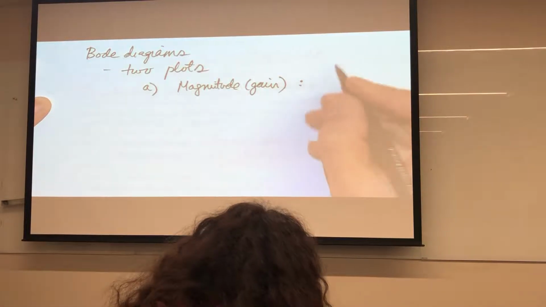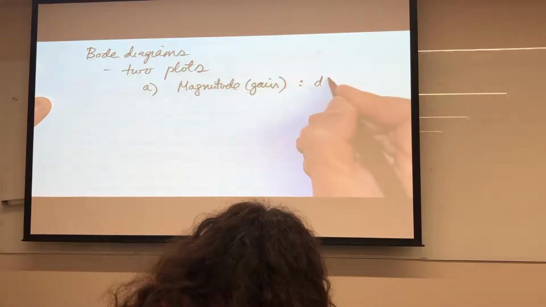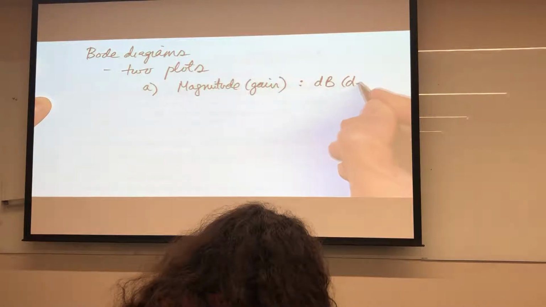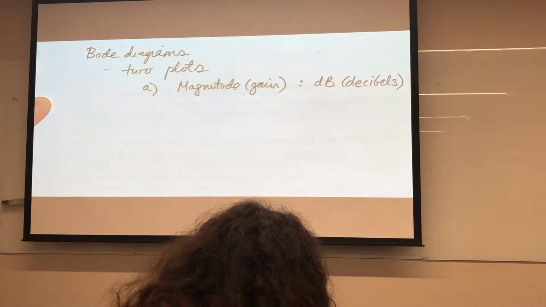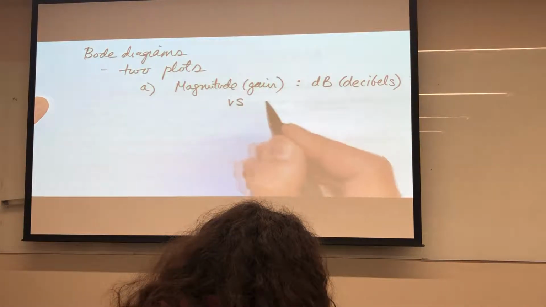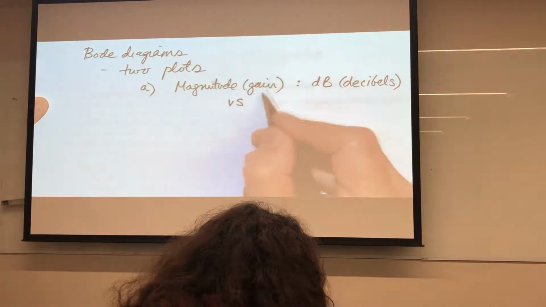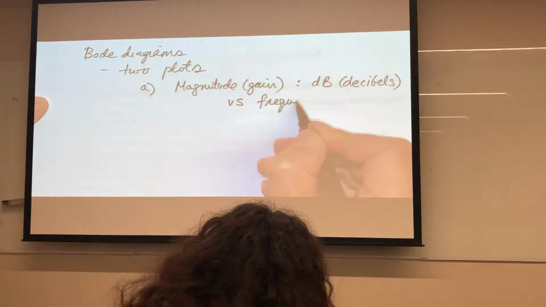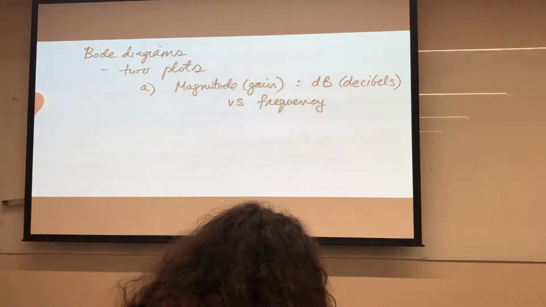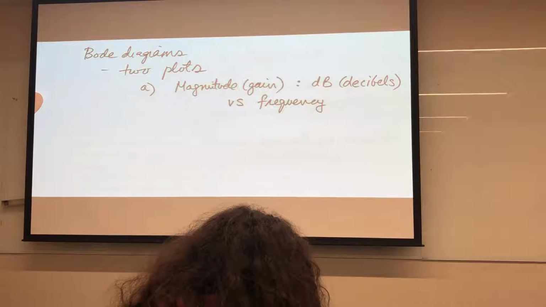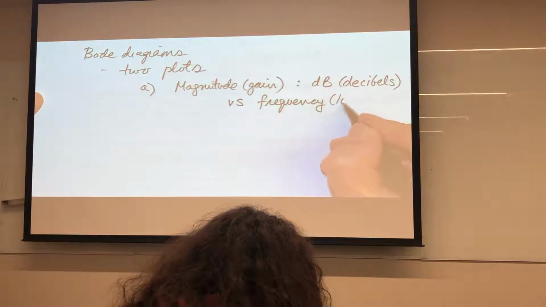And it's plotted using a unit called dB, which is an abbreviation for decibels. And on the other axis, we're going to plot frequency. That's why it's called a frequency response. It is a function of frequency, magnitude versus frequency in dB. And this is on a log scale.